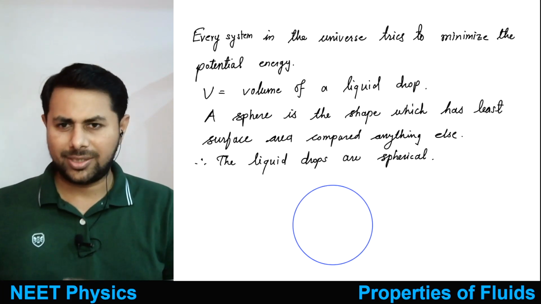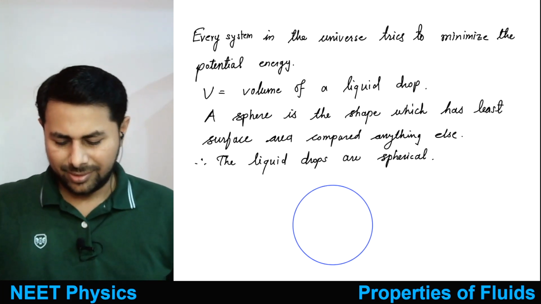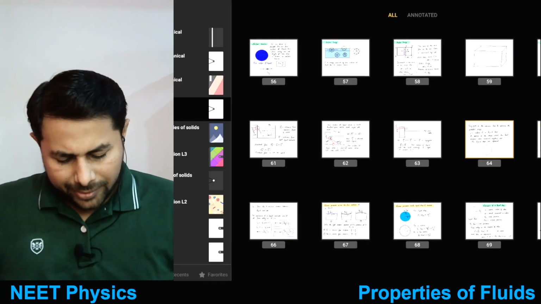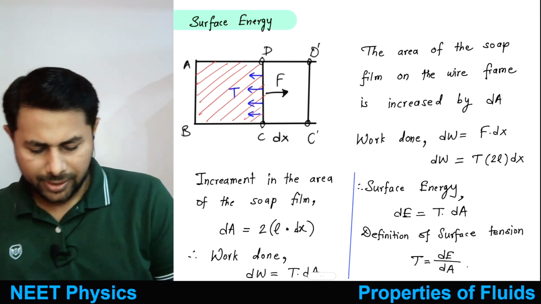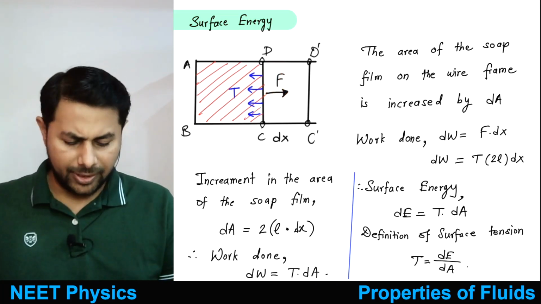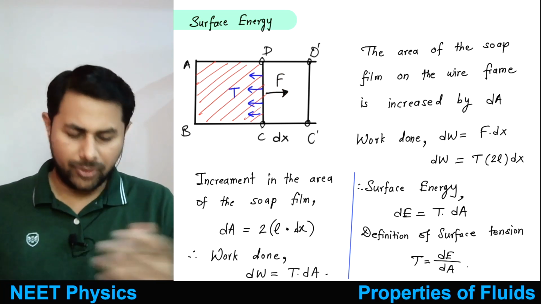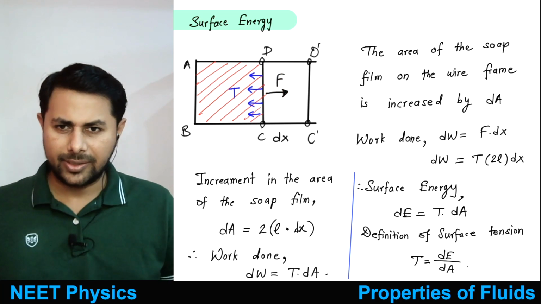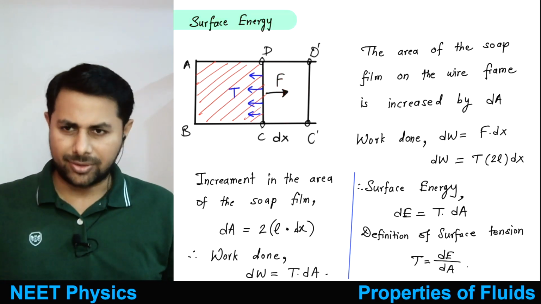As we discussed, surface energy is potential energy only, right? If you want to increase the free surface, you will need to do some work against the surface tension. So if you are increasing the free surface, you are increasing the surface energy also.